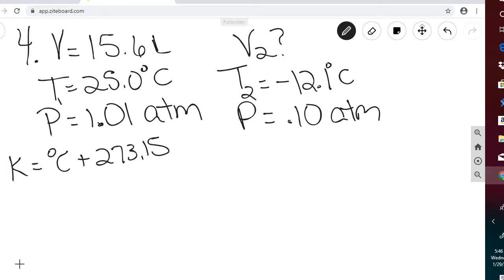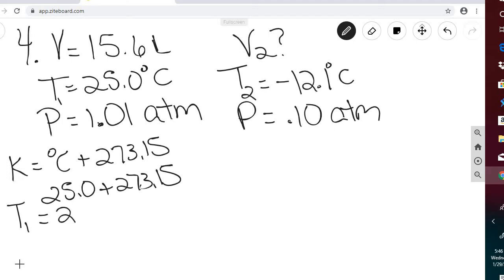Okay, so for T1, it's going to be 25.0 plus 273.15. So T1 will be equal to 298.2, going out to the tenths place here.